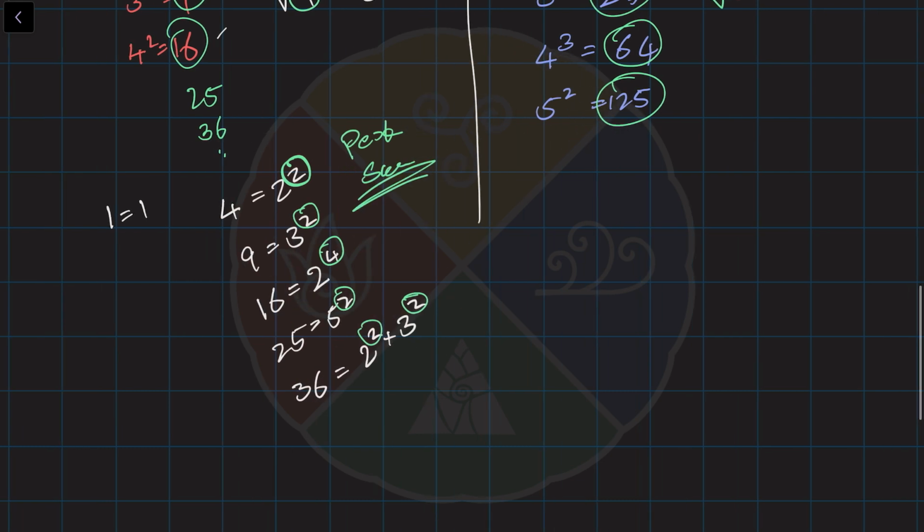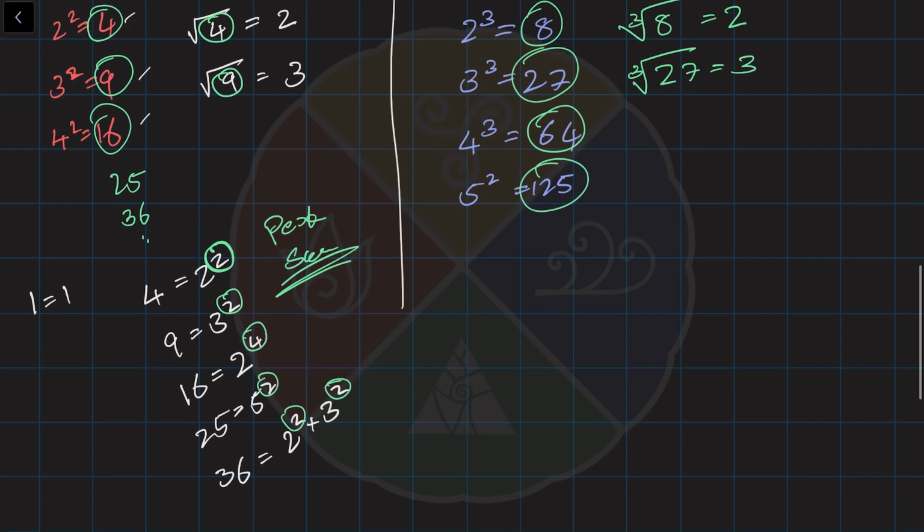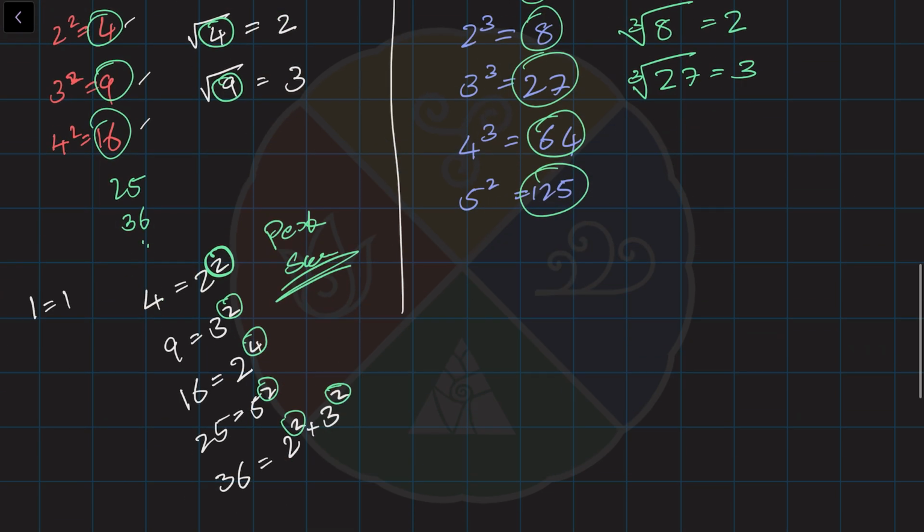Similarly, if you take the cubes, let's ignore 1 because 1 is a special number. 8, 27, 64, 125. This is 2 cube. This is 3 cube. 64 is 2 raised to 6.